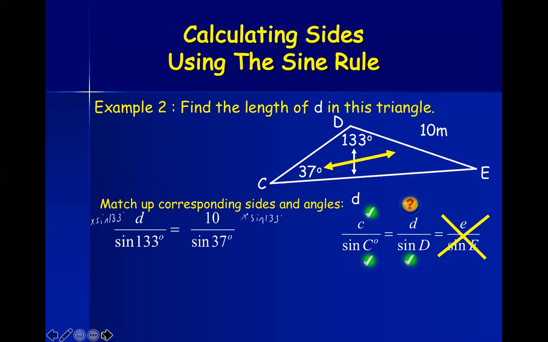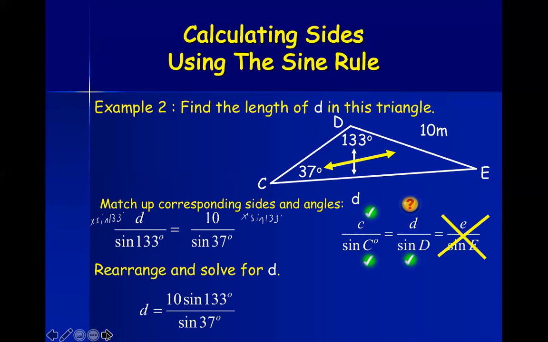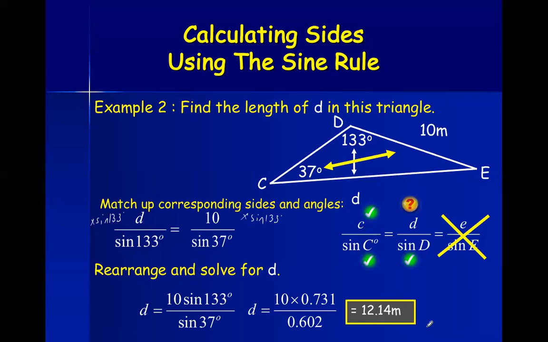What we do on one side, we do on the other side. So D is 10 sine 133 divided by sine 37, to 2 decimal places, 12.14 meters. So I would write here 2 dp if that's what we've decided to do.